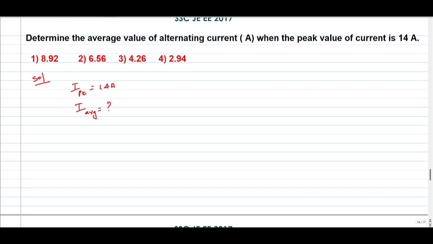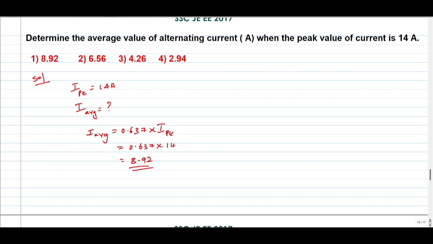So the equation for this is I average is 0.637 into I peak. This is the formula for I average. So if we substitute the value of I peak, that is 0.637 into 14, if we solve this, we will get 8.92.